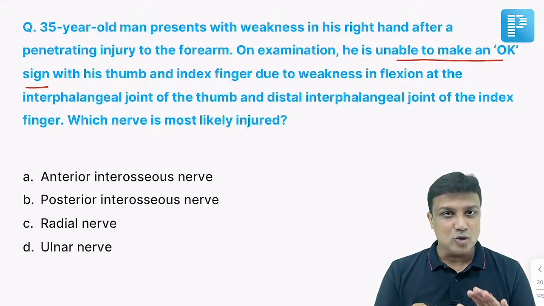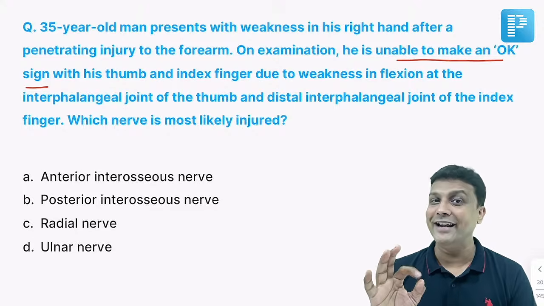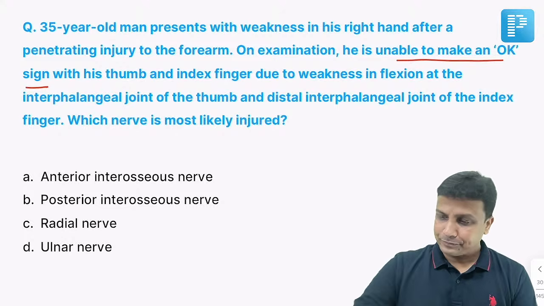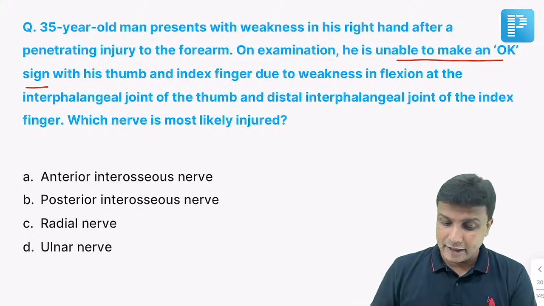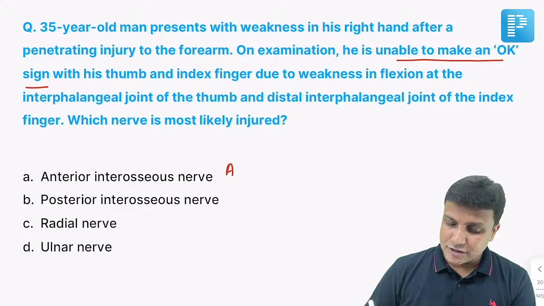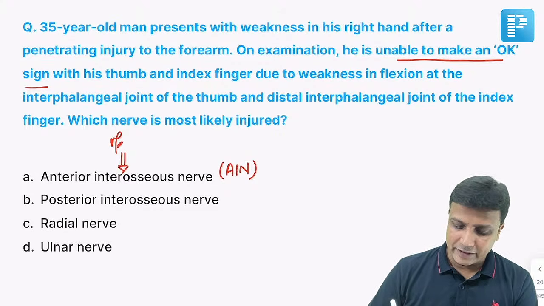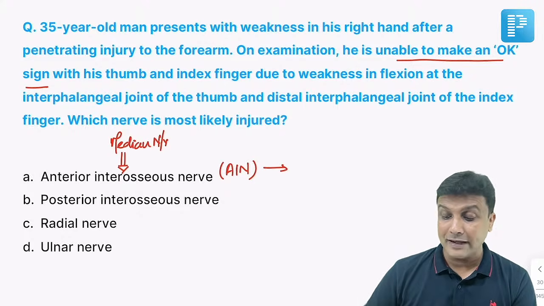Suppose if that is gone, of course the person will not be able to make that OK sign with the thumb and the index finger. Okay, I hope you're understanding here. AIN, anterior interosseous nerve, is a branch of your median nerve only, and it is the one which will be supplying the deep flexors.